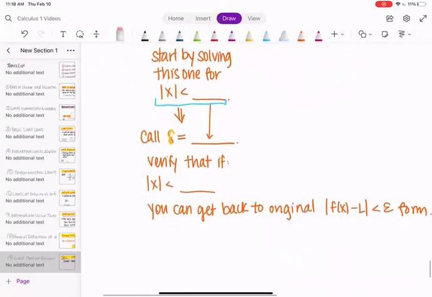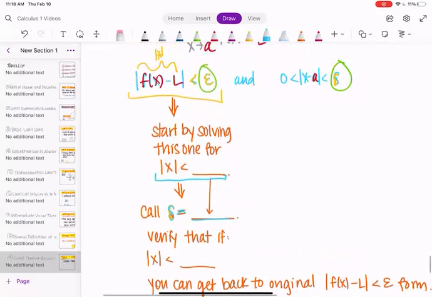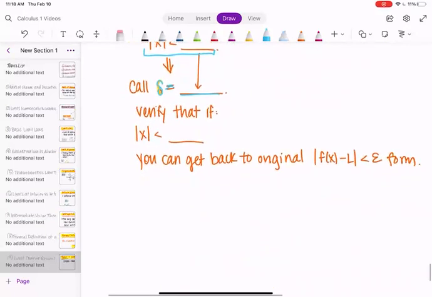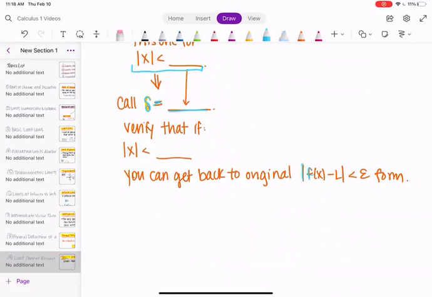And then what you're going to do is use this new delta, equal to some version of whatever epsilon combination you've got. And you're going to plug that in and get back to f of x minus L is less than epsilon. So my recommendation would be I go through an example in video 8.